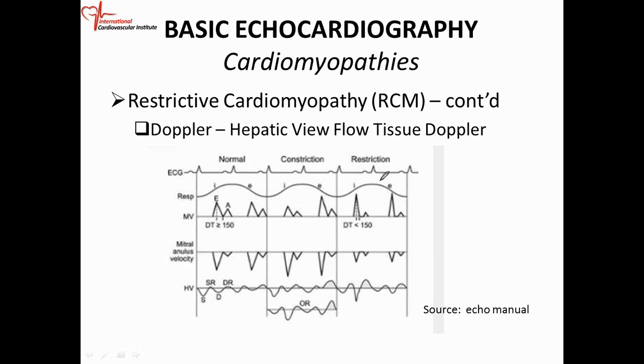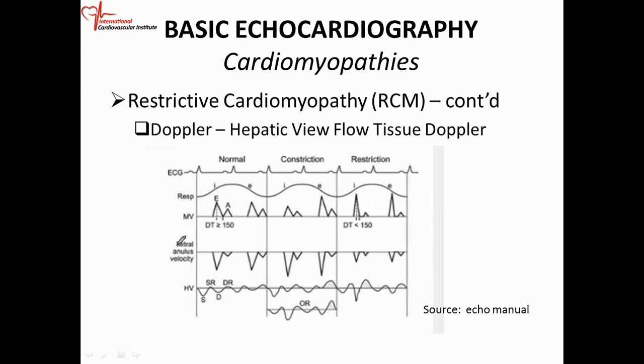When you have restrictive cardiomyopathy, your E is going to be much greater than your A. And we talk about an E to A ratio greater than or equal to 2. Okay? E to A greater than 2. If you measure your deceleration time, it's going to be less than 150. IVRT is going to be less than 70 milliseconds.